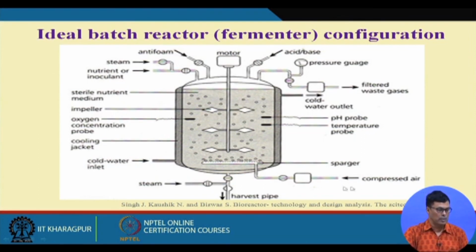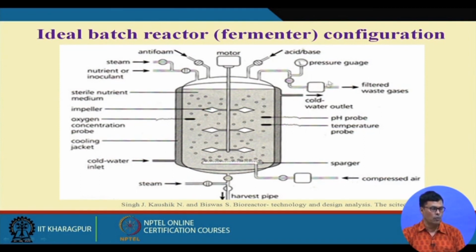The air that we pass is usually sterilized air. It should not contain any kind of contaminants, and it goes like this. And when it goes like this, you can see it passes through a filter. Why does it pass through a filter? The reason is that if there is a power failure, the compressor will be stopped.